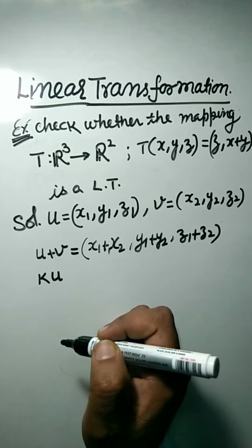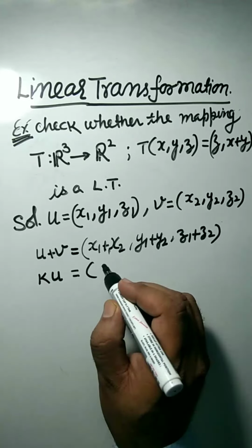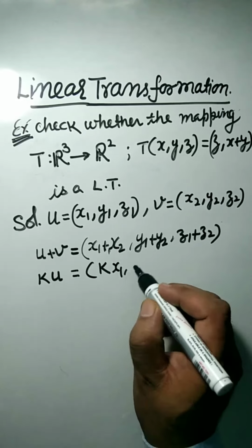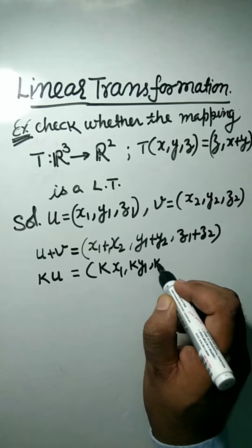And if k is any scalar belonging to the field, then ku gives us (kx1, ky1, kz1).